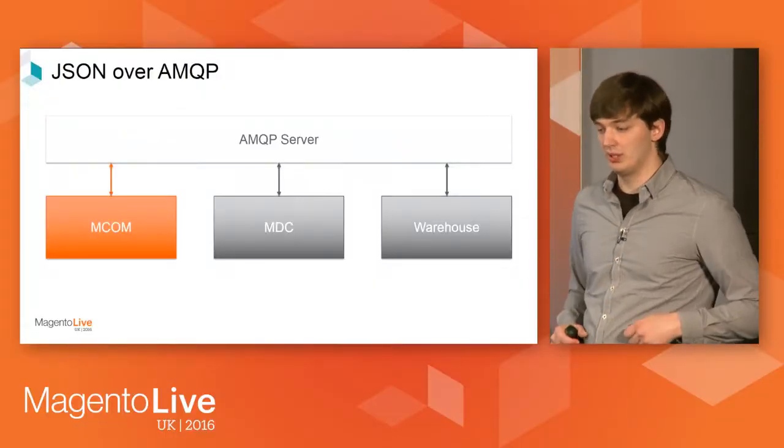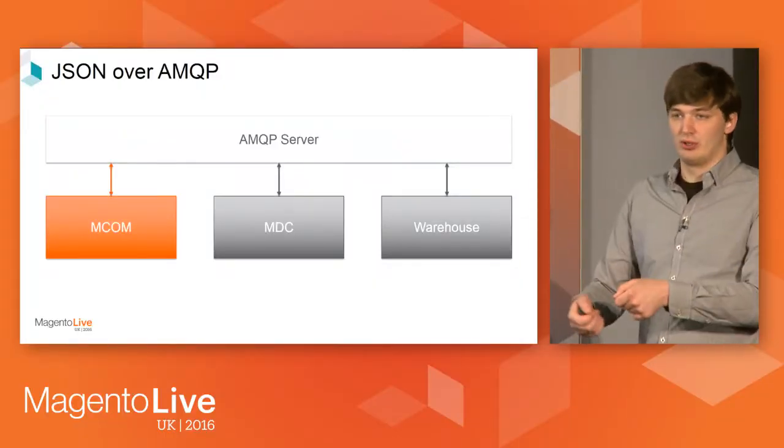And the message's payload has arguments for your interaction, and the topic of the message is basically the name of your interaction. And then the way the topology inside the AMQP server is organized is like a post office. So every application has an inbox and outbox. And then if you want to send something, you simply build your envelope, you address it to MCOM, to MDC, then you put the payload, you put the topic of the message, and you send it to the outbox.